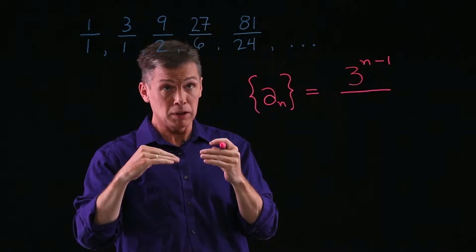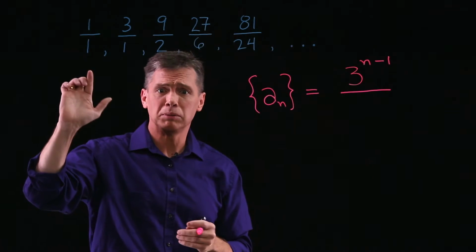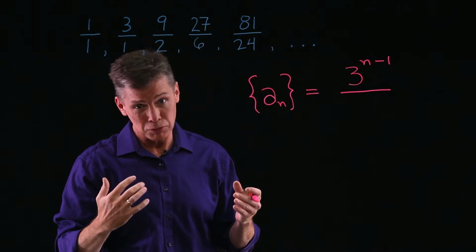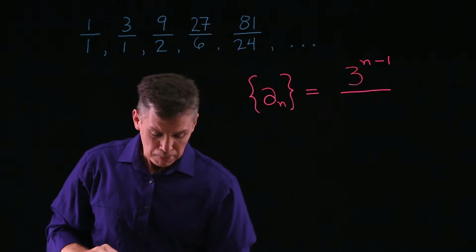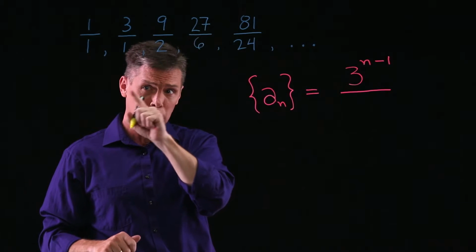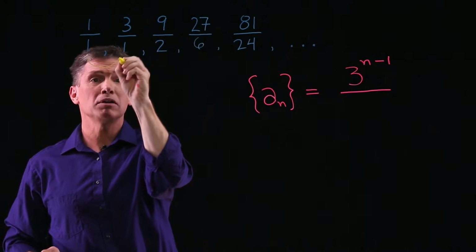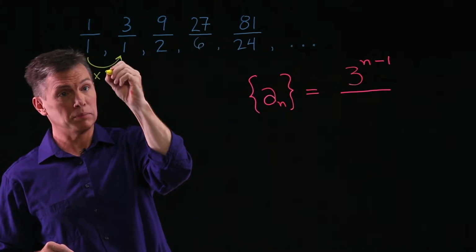Let's move down and try to find a pattern in the denominators. It's a little bit tougher maybe to see this one. 1, 1, 2, 6, 24. If it doesn't jump out at you, and a lot of these won't, start playing around a little bit in terms of what happens from one term of the sequence to the next. So for instance, to go from there to there, just in the denominator, I multiplied by 1.